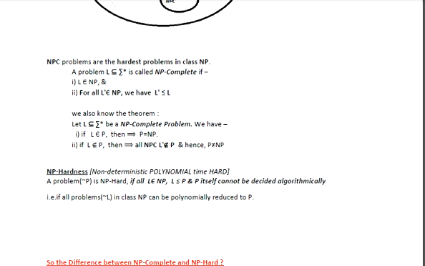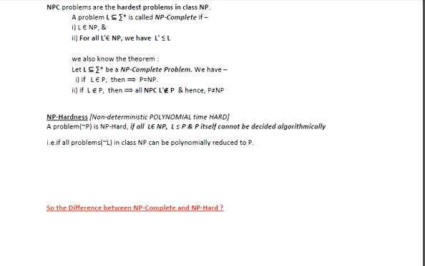A problem P is NP hard if every problem L that belongs to NP is reducible to P, and P itself cannot be decided by an algorithm. That is, all problems L in the NP class can be polynomially reducible to P, but P itself has no algorithm, then it is called NP hard.